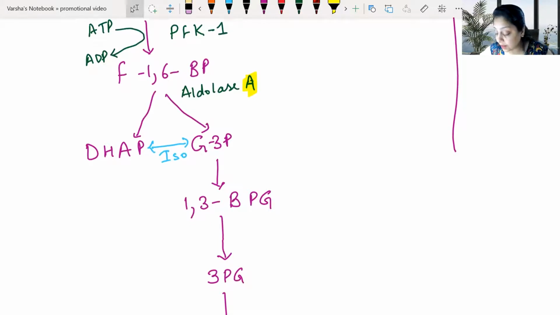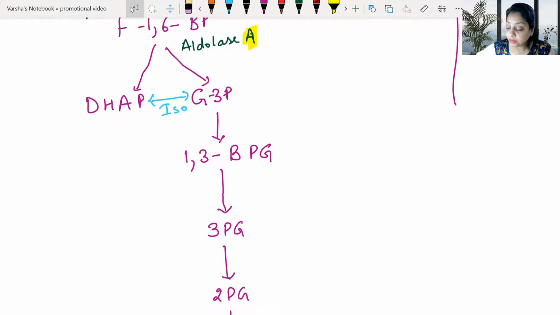We have glyceraldehyde 3-phosphate. What else do you see? Now one more phosphate is being added. So are we going to use 1 ATP? No. At this point, the contribution is made by Pi, that is inorganic phosphate. Whenever you have inorganic phosphate added to it, that is a sort of substrate level phosphorylation.